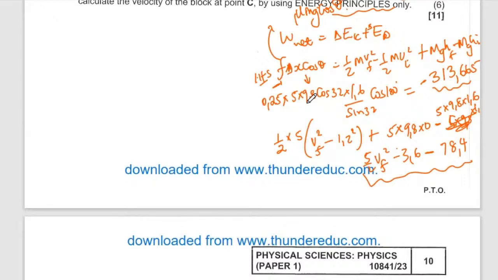So my calculations are still fine. It's 5/2 v squared minus the 82. Divide both sides, and not the 82 first.